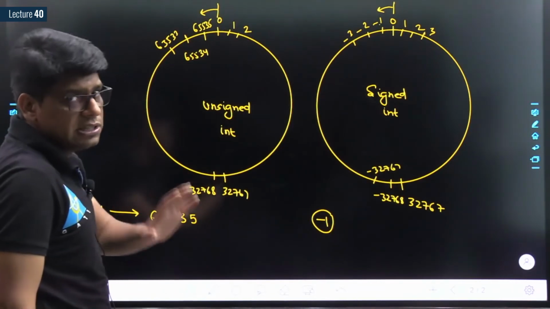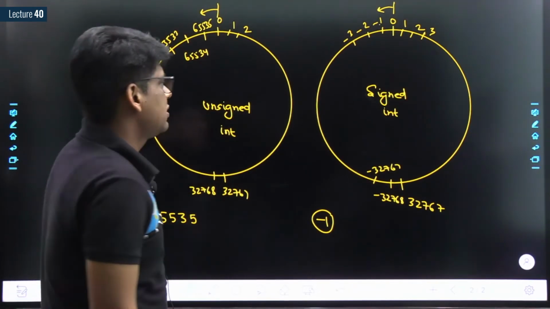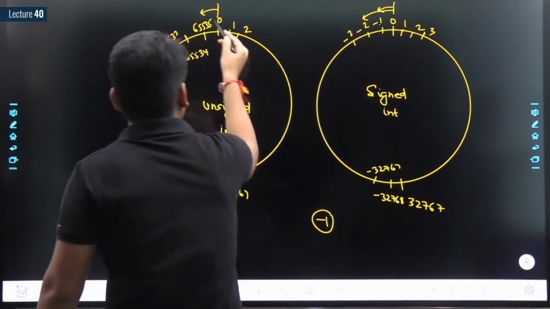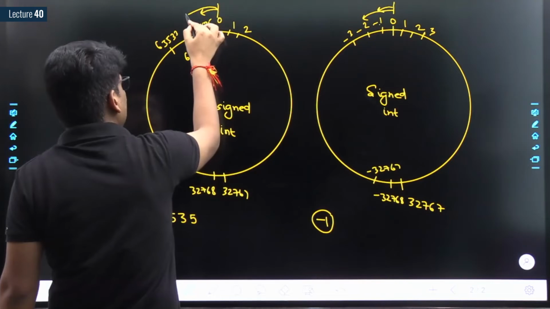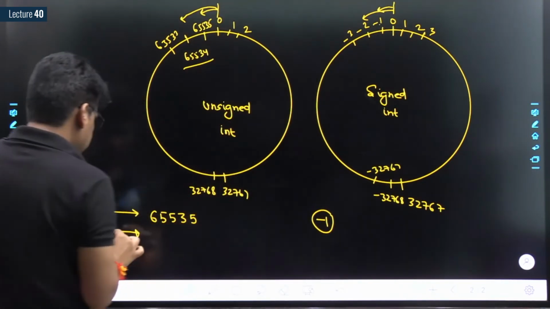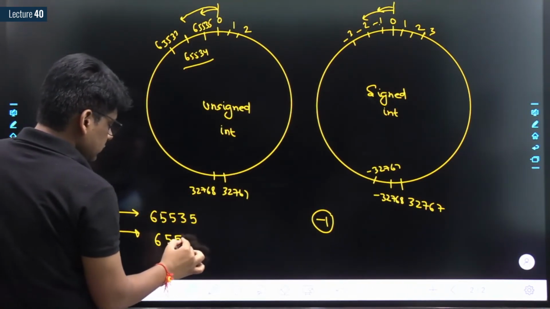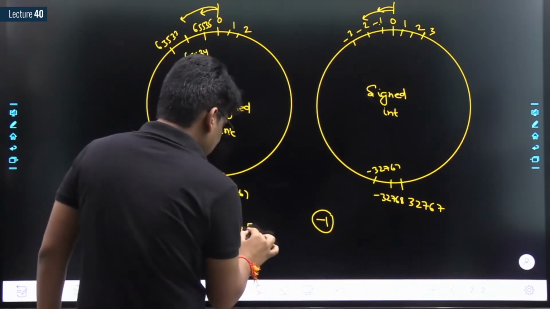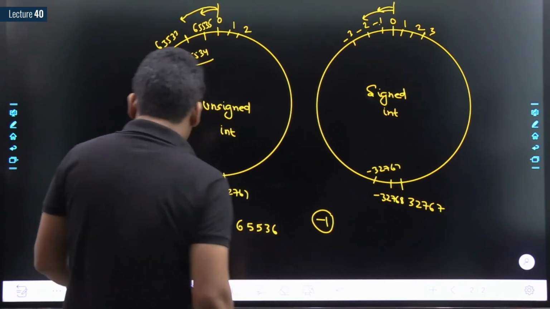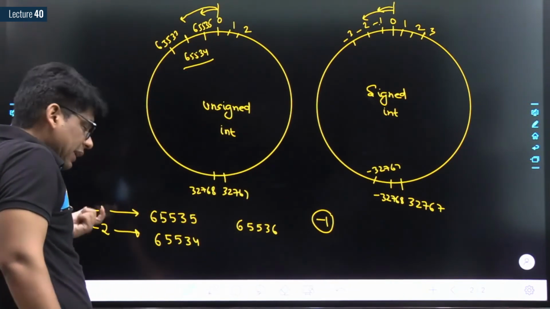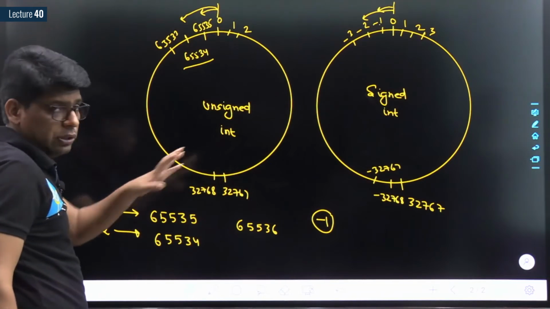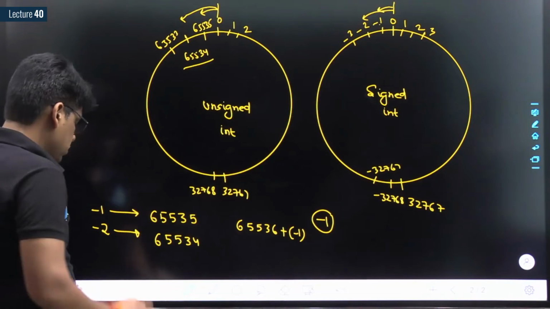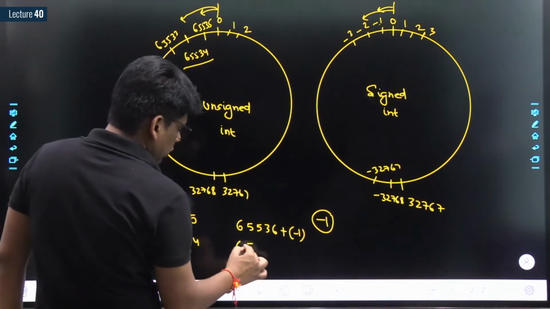I am supposing that an integer is 2 bytes. For -2, we move 2 positions, so the value is 65534. How many total values are there? 65536. So for -1 converted into unsigned we get 65535, of course.